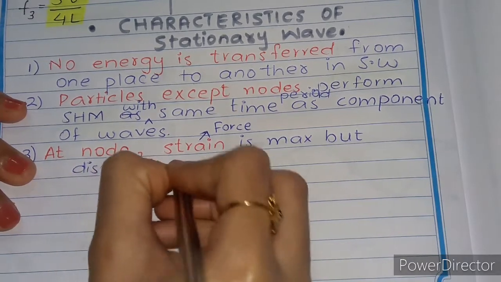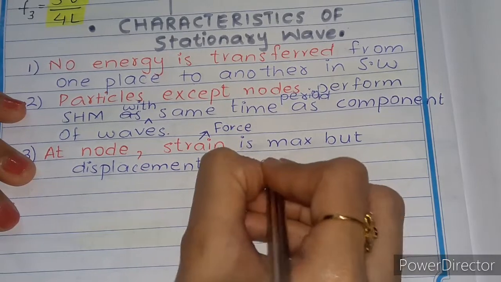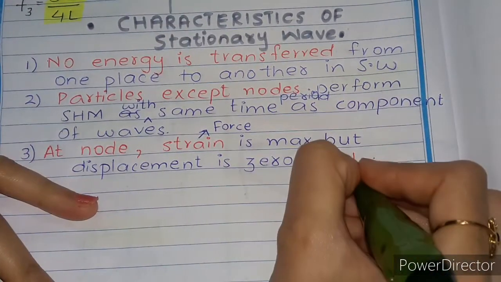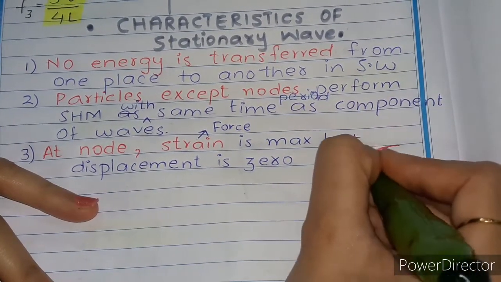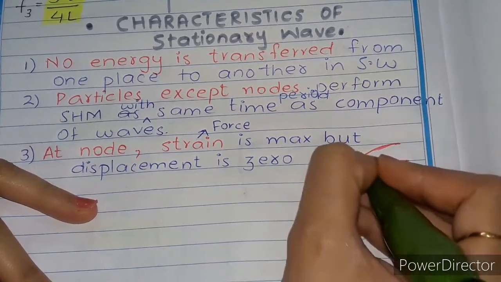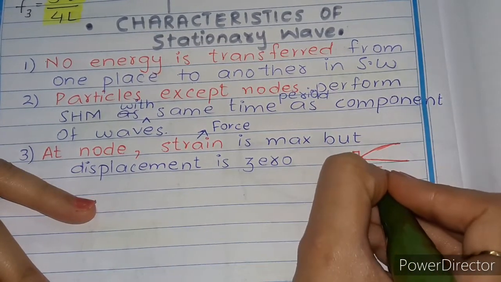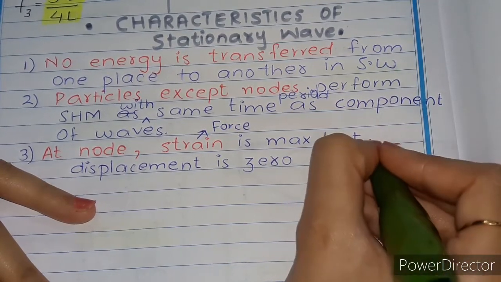Displacement is zero. You know what is a node? If this is a wall and here it is forming a node, this point is called a node, and the displacement is zero and force is maximum.